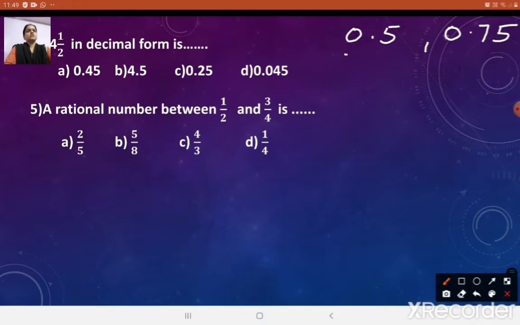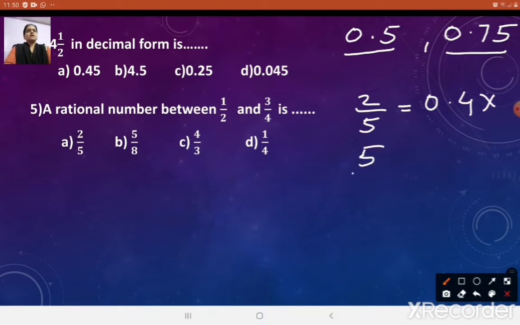So we want to check a number which is between 0.5 and 0.75. Correct? Now start with 2 upon 5. Can we divide? No. Point. Then it will become 20. 5 4s are 20. So 0.4 is less than 0.5. So the first option is wrong.